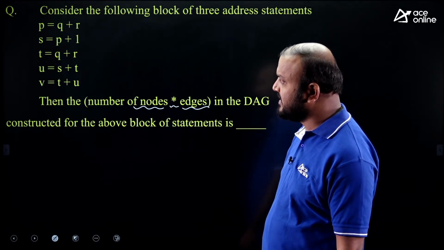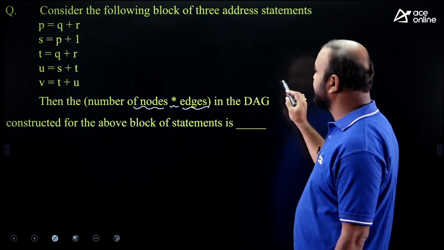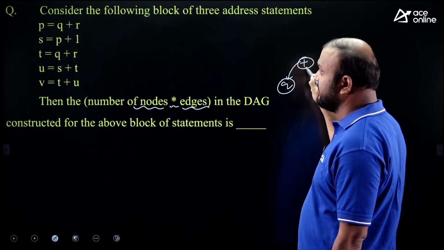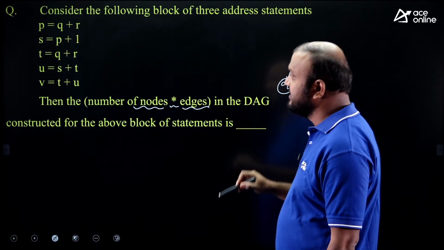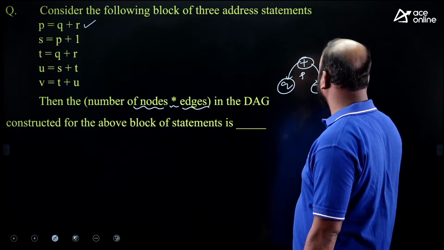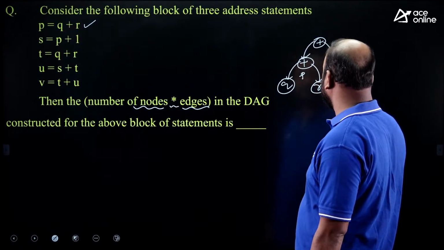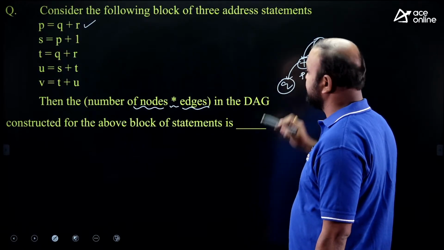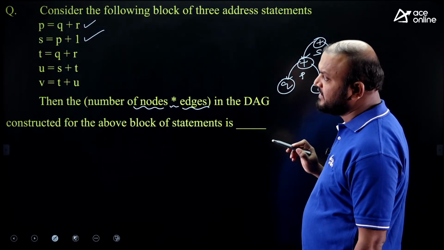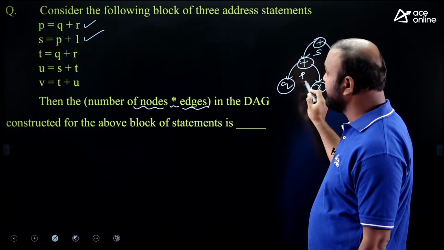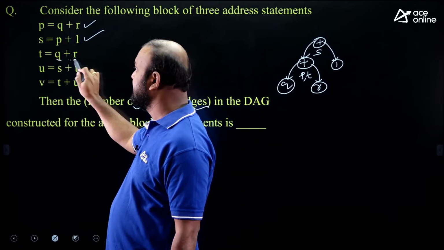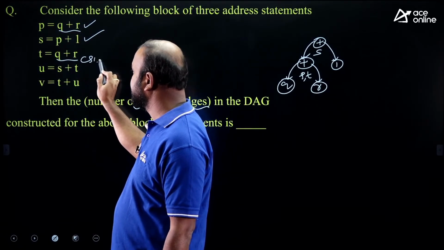So look at P equal to Q plus R. Create a node for Q, create a node for R, create a node for plus, whose adjacent nodes are Q and R, first statement, and the result I am calling P. Now P plus 1: node P is already there, you create node 1, node plus, and P plus 1, and name the node as S. Node for Q already there, node for R already there, and then node for plus with adjacent nodes Q and R is also there, and name the node as T. Now we can say Q plus R and Q plus R is a common sub-expression.